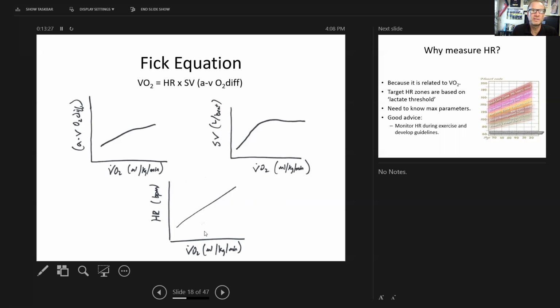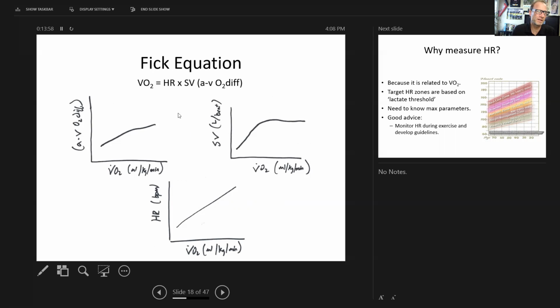If the amount of oxygen in the air changes, like hiking up in Charleston, if the density of air is going to change, then we're going to have the ability to get less oxygen into the arteries, which means I may have less of an opportunity to get oxygen out of the arteries, which then means my heart rate is going to have a different meaning when I'm exercising at altitude.